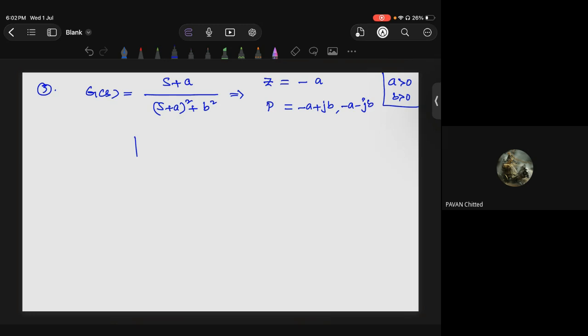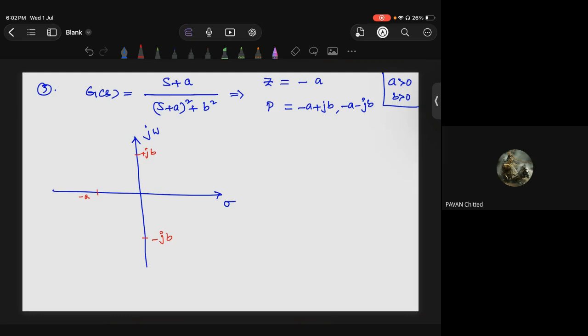Just plot them on the S plane as well as the time domain. On the S plane, sigma and j omega. If a is positive, minus a will be somewhere here. This will be plus jb, this will be minus jb.